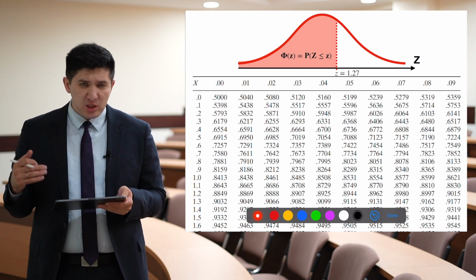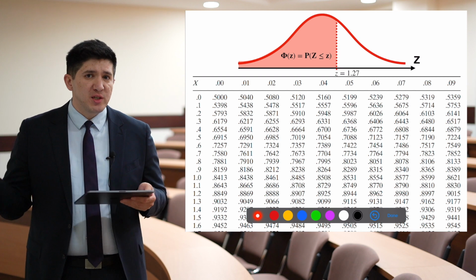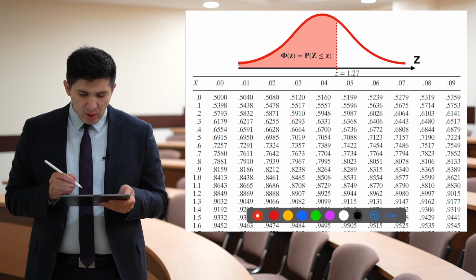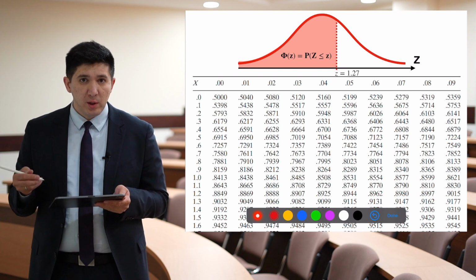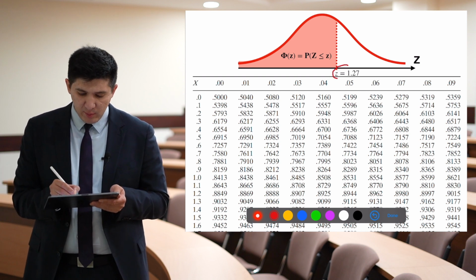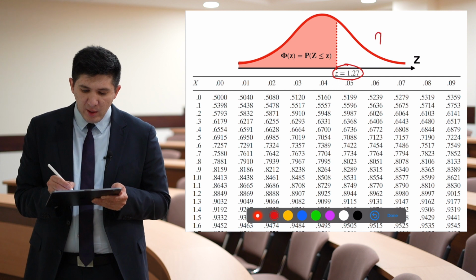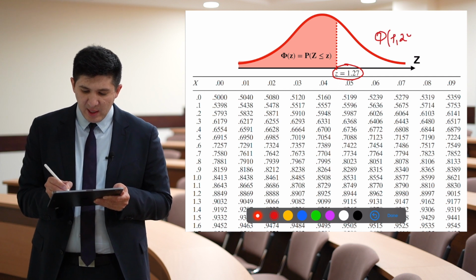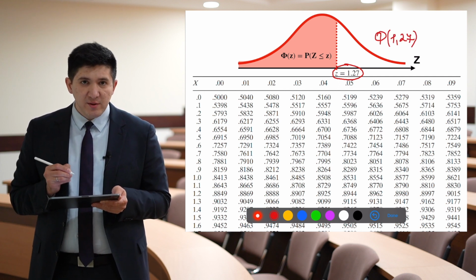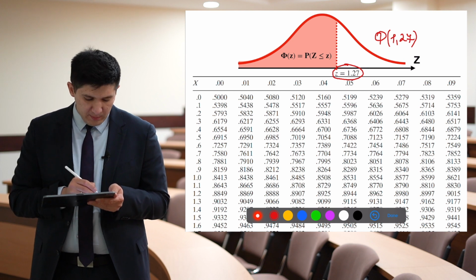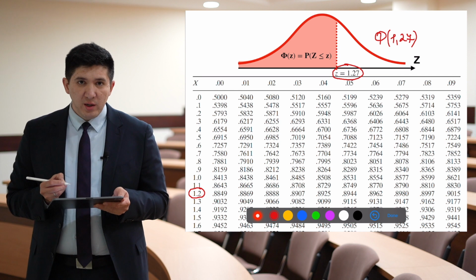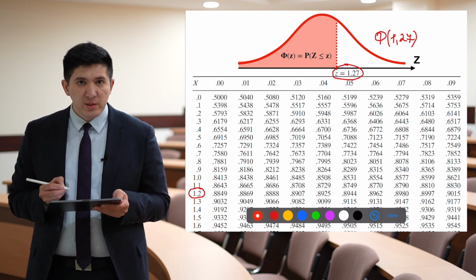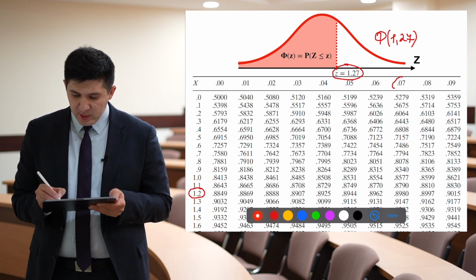This table is given to you as a two-dimensional array. If we need to find the value of phi for 1.27, we need to find a value from the first column, which is going to be 1.2, and then the corresponding value from the first row, 0.07.